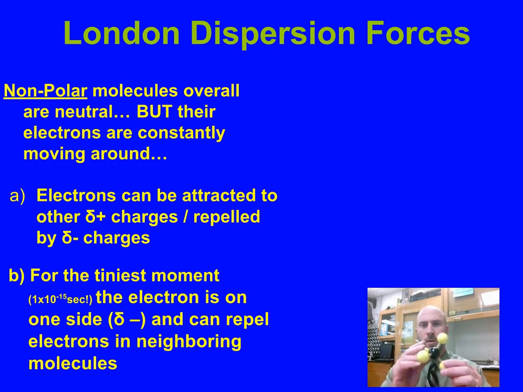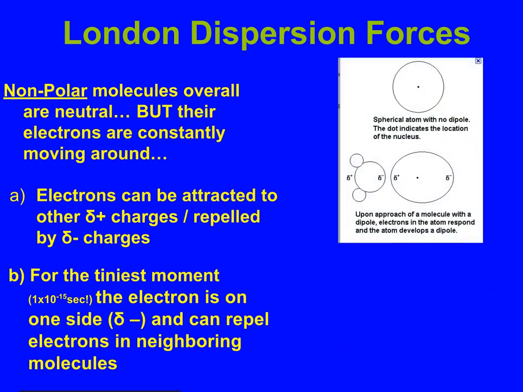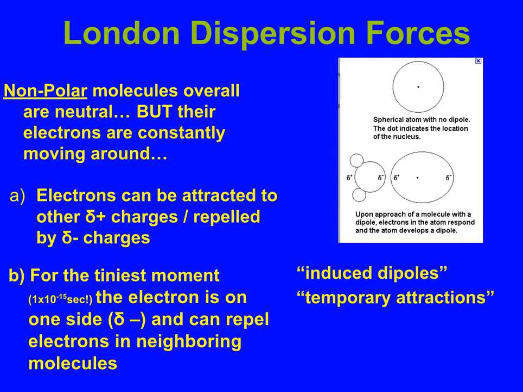Okay, so like here we have methane, and it's nonpolar, right? It's symmetrical, but then for a tiny little second, it's got a few more electrons on this side than it does on the other side. So that changes the molecule from being totally spherical and having no dipole and being totally nonpolar, and it creates just a temporary small partial charge. And we call those induced dipoles or temporary attractions.